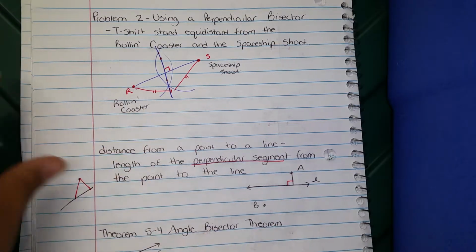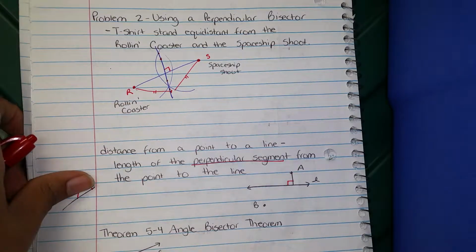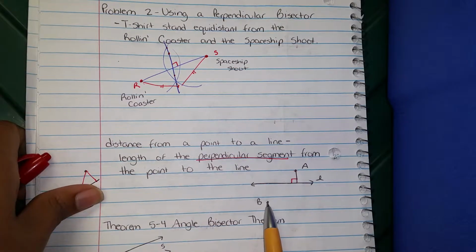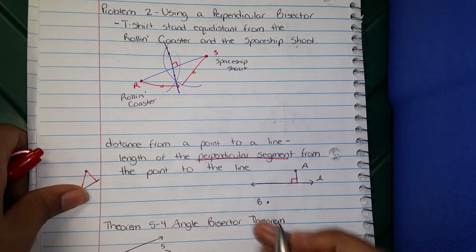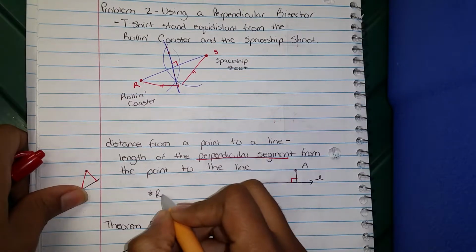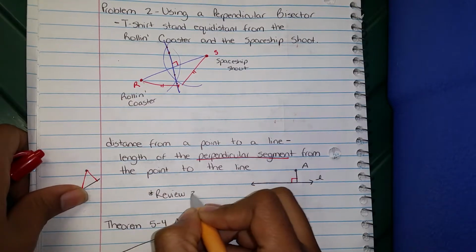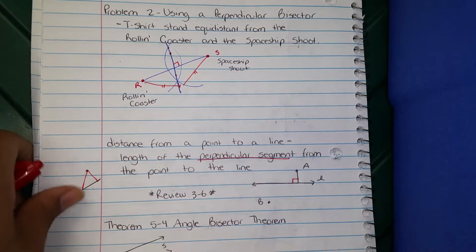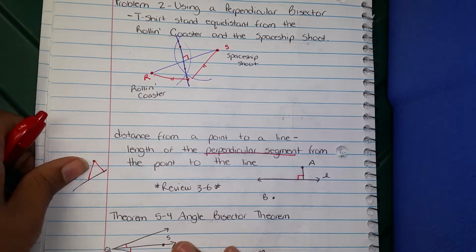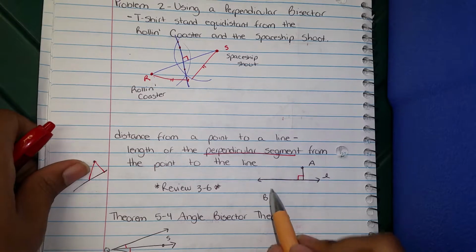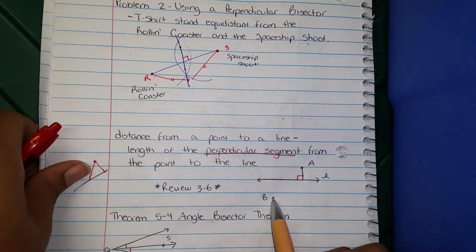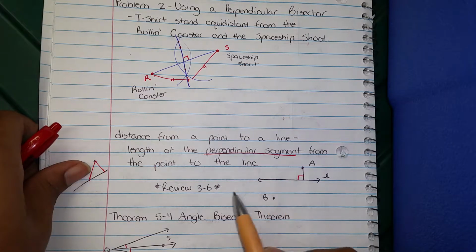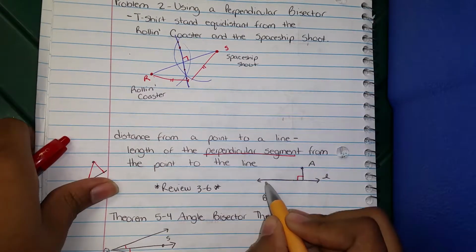Remember, I know how to find the perpendicular segment from a point to a line. Recall the constructions. If you need to review constructions, then right here, review 3-6. But I'll show you again without the right tools. I don't have the tools with me. But to find this perpendicular segment from B to this line here, I'm going to get a compass.